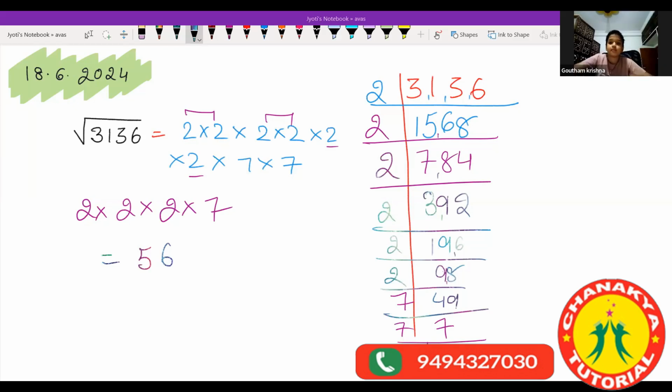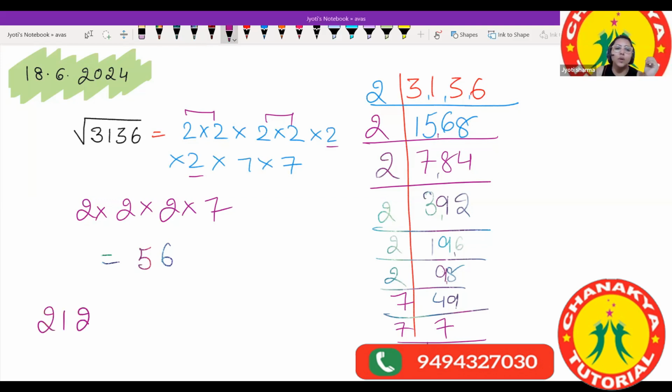Let's say if I give you a bigger number, 2125764. Can you do this question using prime factorization? Tell me, kids, is it possible to do this question using prime factorization?